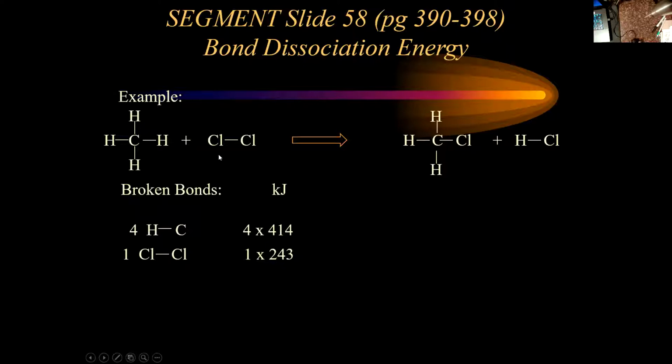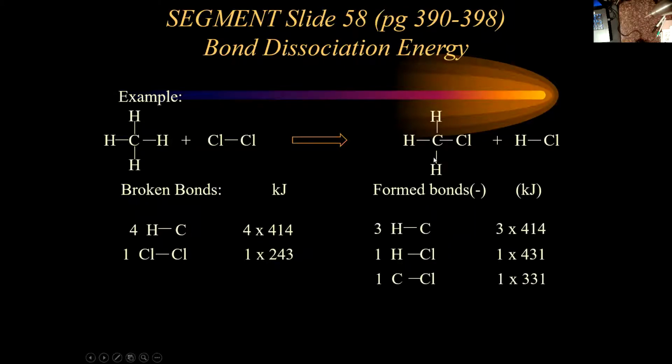The energy required to break chlorine into its atoms is one of the Cl-Cl bonds, which was 243. Now, if we look at what's formed, we're forming 1, 2, 3 C-H bonds over here. So that's going to be 3 times 414 kilojoules.